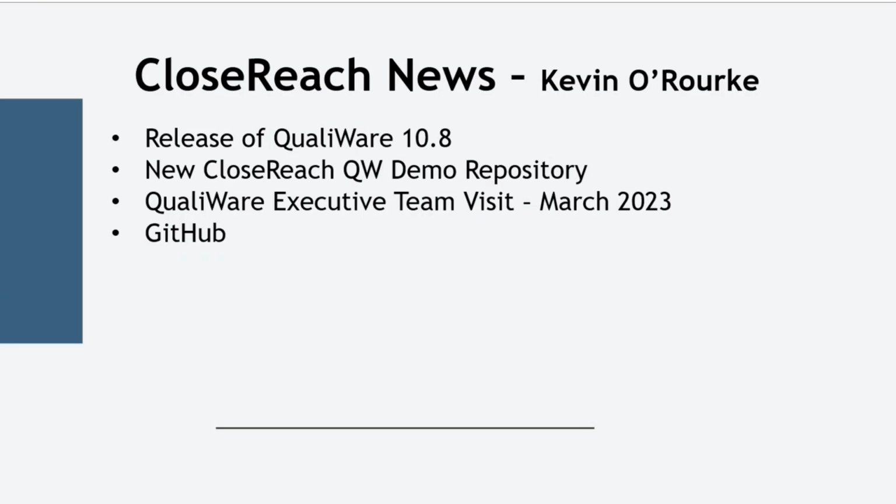We expect this environment to be used as people start to transition from QCL, which is going away over the next 2 major releases of QualiWare, so over the next couple of years. There'll be a transition to C# and JavaScript, both client and server code. So we envision that GitHub will be used to share what people are doing in that space across different departments.